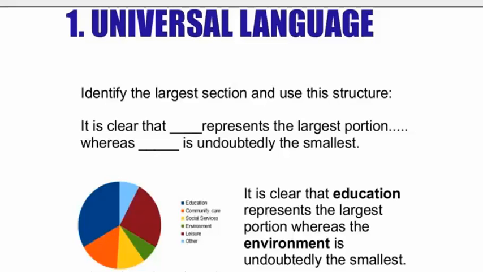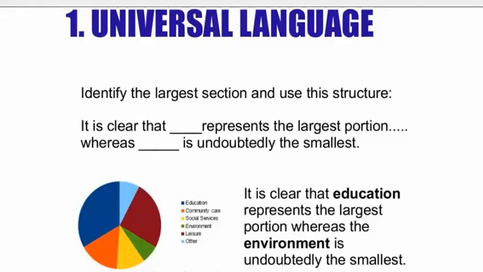It is clear that X represents the largest portion, whereas Y is undoubtedly the smallest. Let me put it in context. It is clear that education represents the largest portion, whereas the environment is undoubtedly the smallest. One very easy sentence, and you can use it in every single pie chart essay.